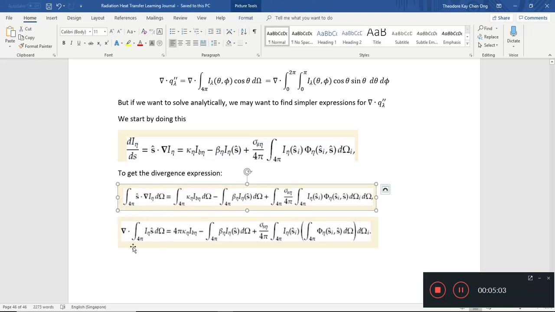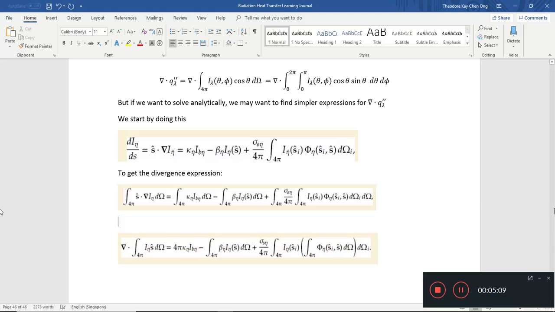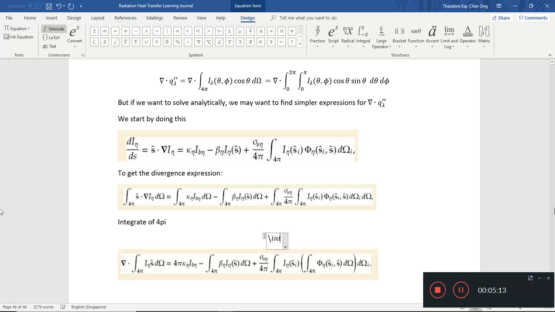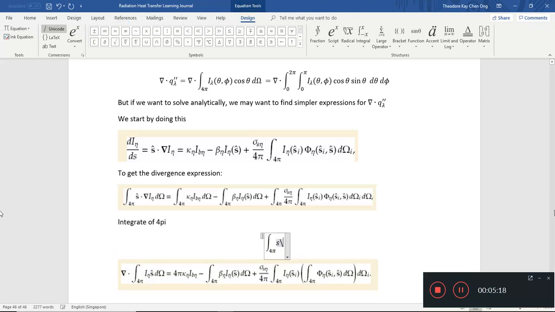Integrate this expression over 4 pi, that's over all solid angles: s hat bullet nabla I lambda d omega. This is basically what you're doing.